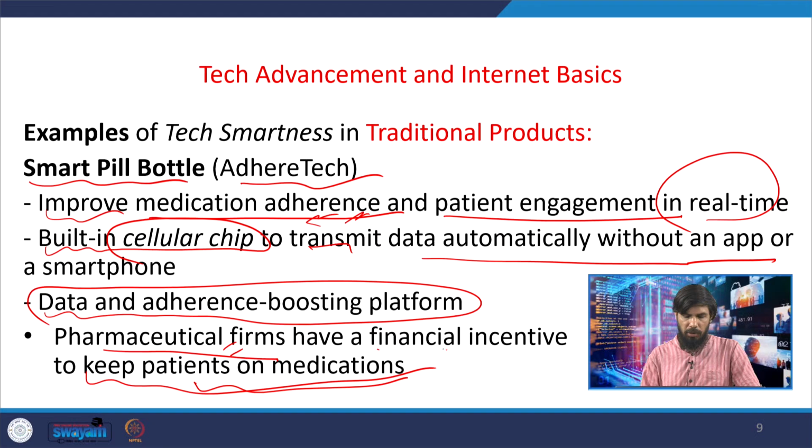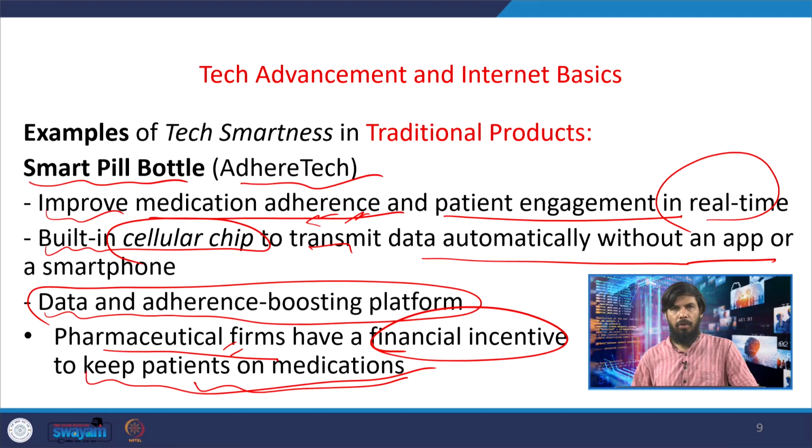Because of this financial incentive, because of the better medication adherence, there would be timely filling of the bottle and timely orders for the pills, right. So therefore pharmaceutical firms will gain. So they have an incentive to keep patients on medication, and therefore the smart pill bottle is something that they would like to sell to their patients, because they gain through more sales of pills, right.